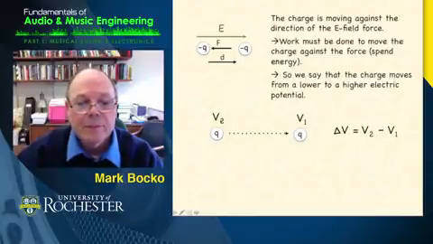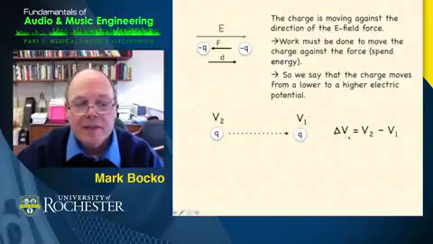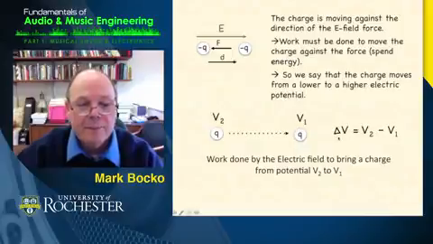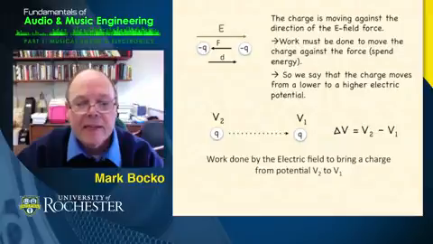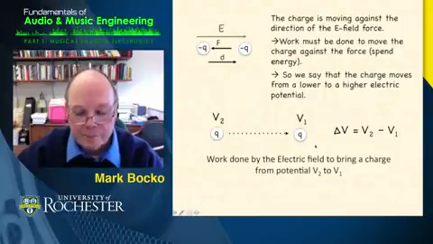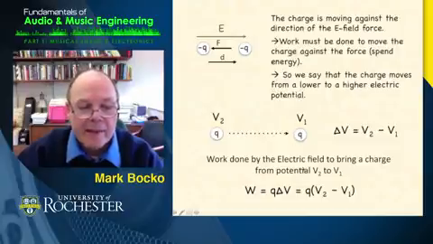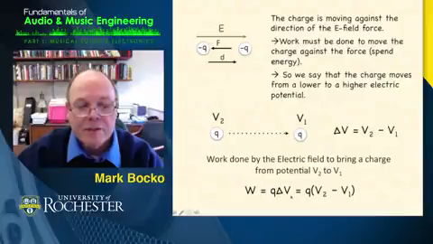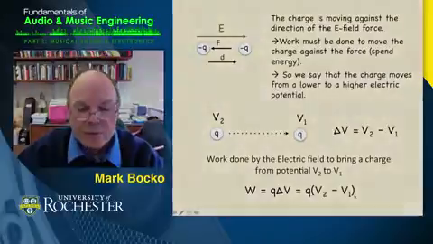So if I go from a region of high potential to low potential, there's a potential difference, delta V. And that enables you to calculate the work that the electric field would do to move a charge from potential V2 to V1. And that amount of work is this Q times this potential difference. And that is Q times V2 minus V1.